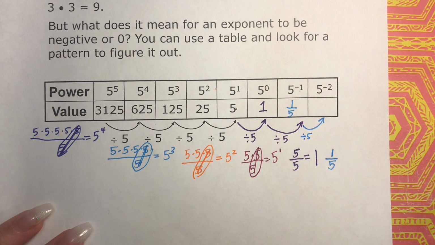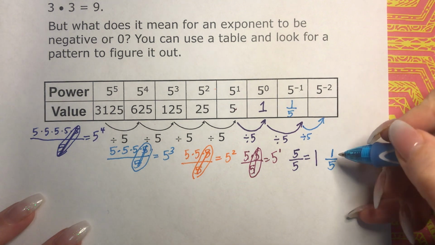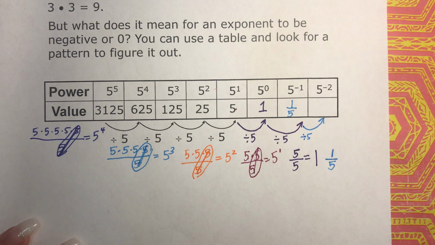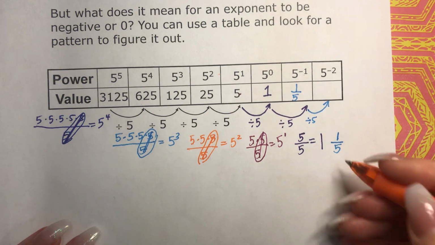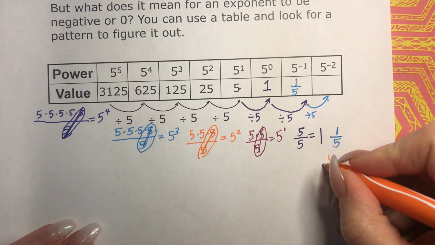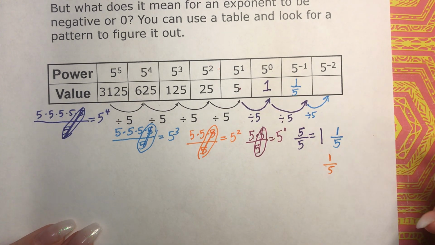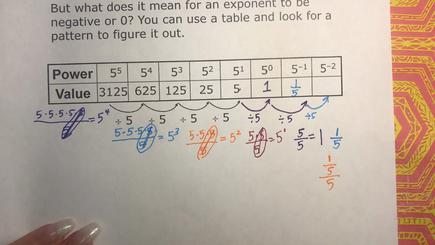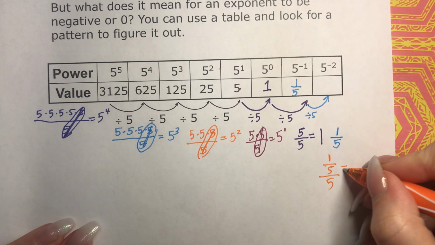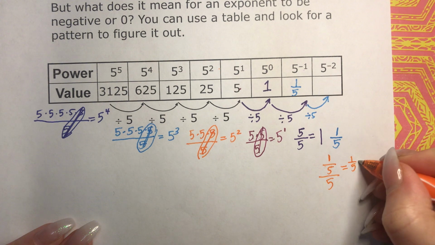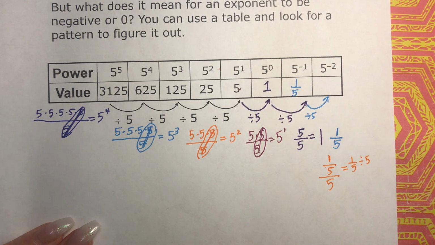What do we get? So if we take this right here, this 1/5, I'm going to divide it by 5, which is the same thing as 1/5 divided by 5. I'm going old school, right?